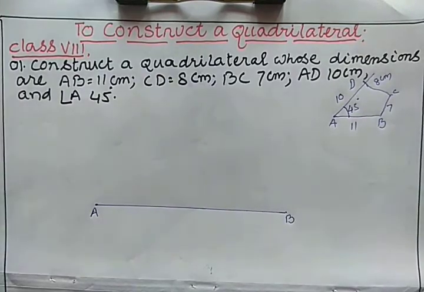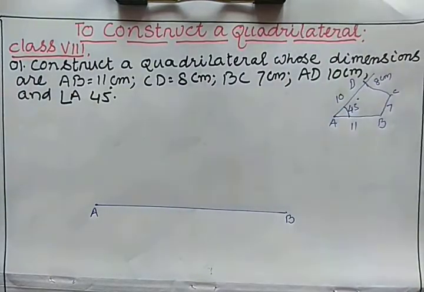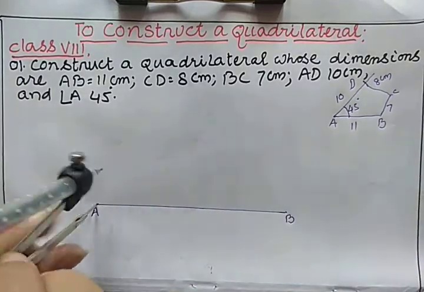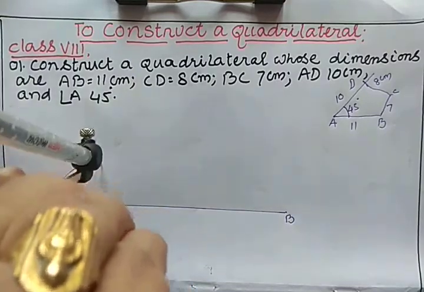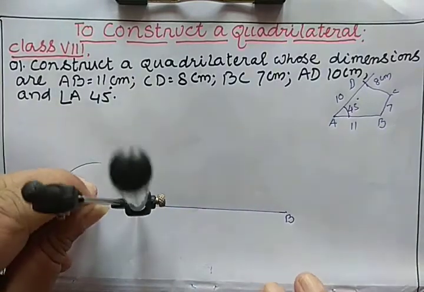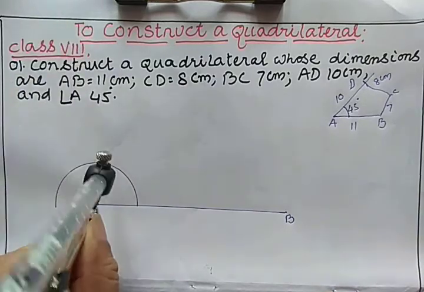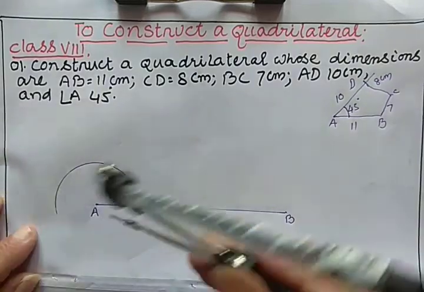So what do I do now? At the point A, I make 45 degrees. How to make 45 degrees? First I make 90 degrees, and then I bisect 90 degrees. Just you check how I make 90 degrees. With your compass, I take some radius and mark an arc like this. Clear?